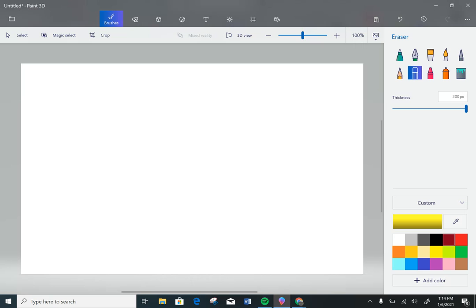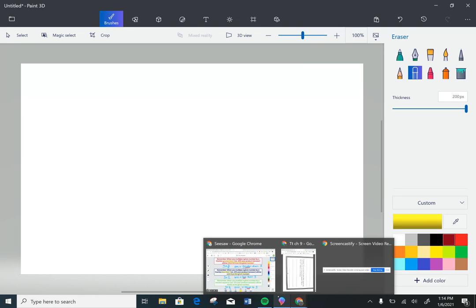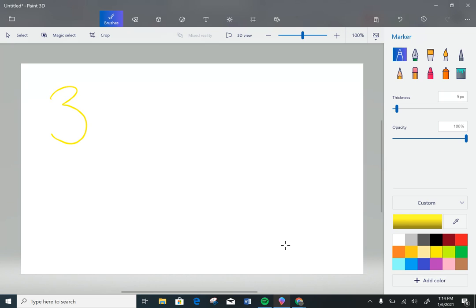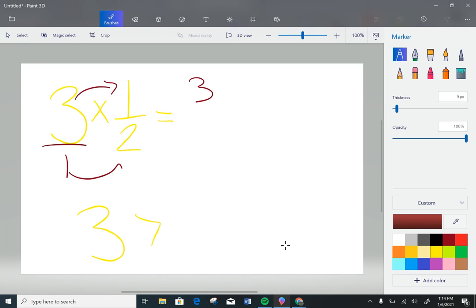So let's look at an example. We said 1/2 was our fraction that we were using. So if we have 3 times 1/2, we're saying that that should be less than 3. Well, I go ahead and put my whole number over 1. 3 times 1 is 3. 1 times 2 is 2.